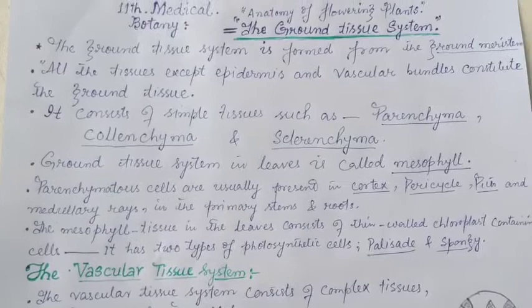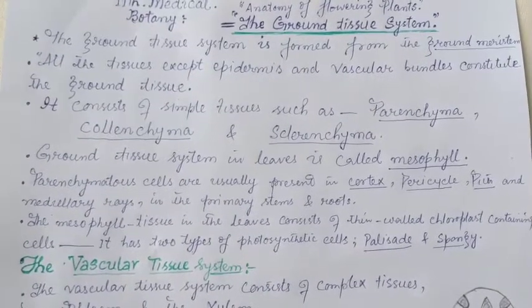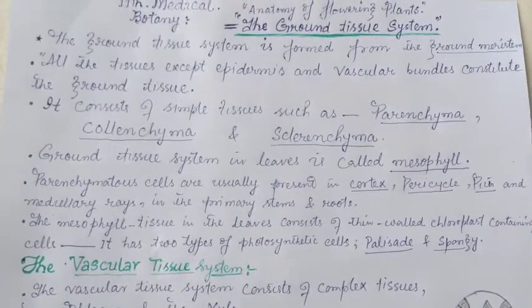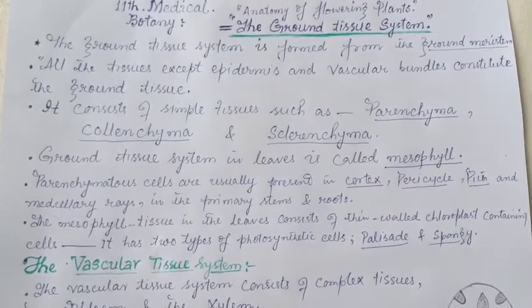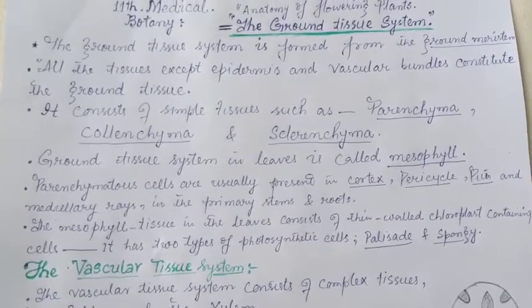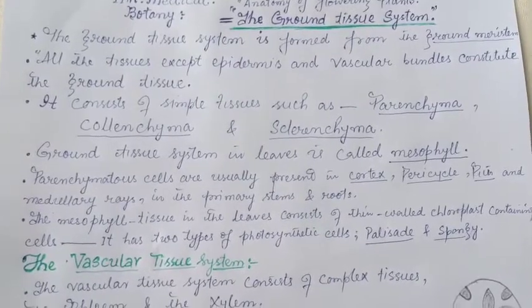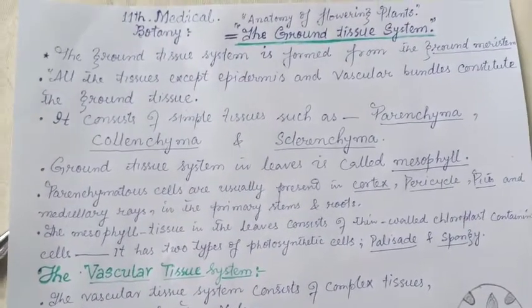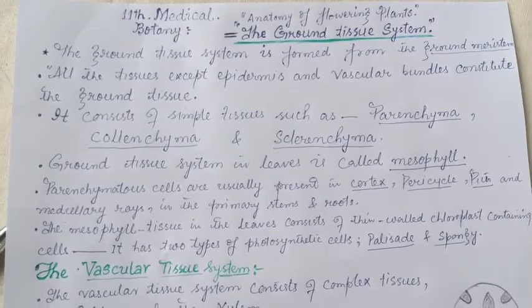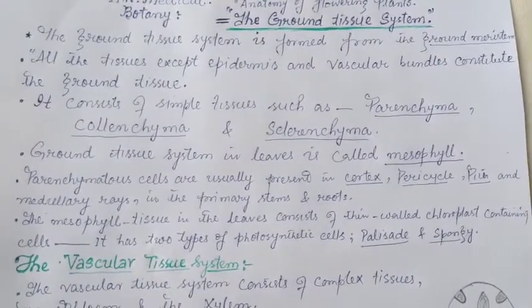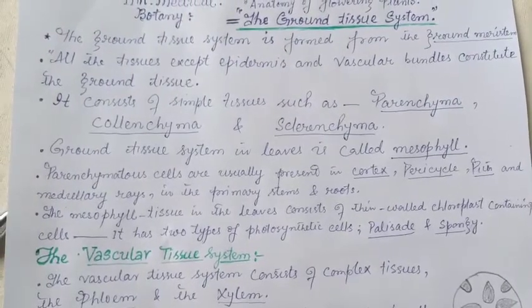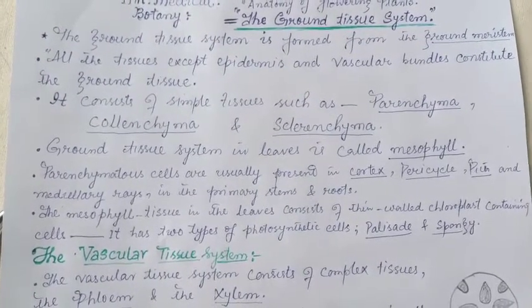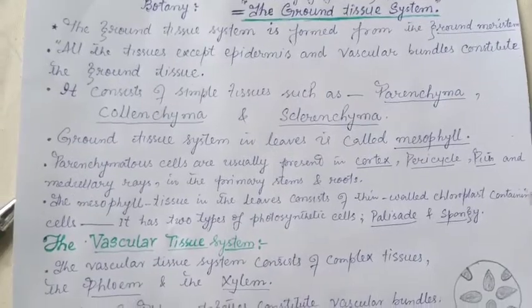Parenchymatous cells are usually present in the cortex, pericycle, pith, and medullary rays in the primary stems and roots. The mesophyll tissue in the leaves consists of thin-walled, chloroplast-containing cells. It has two types of photosynthetic cells called the palisade and the spongy.